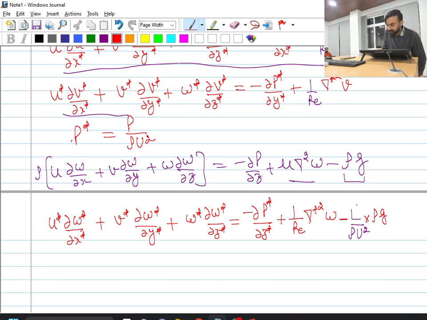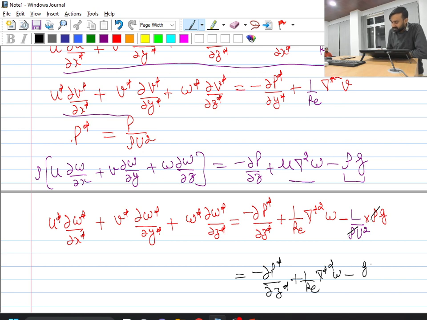So this coefficient comes from the left hand side. If I do so, my rho cancels out and I am left with, writing just the right hand side, minus del P star by del Z star plus 1 by Reynolds number del star square W minus gL by U square.